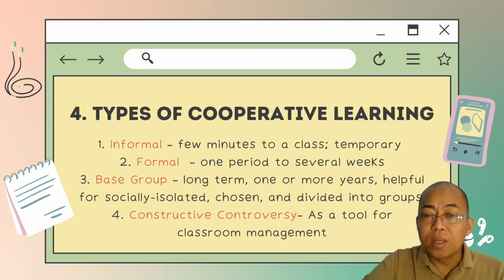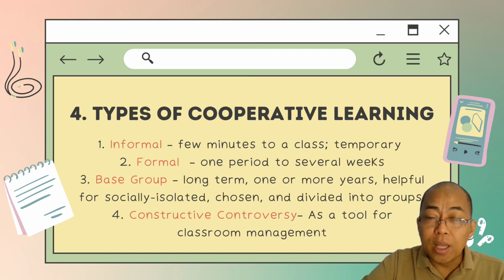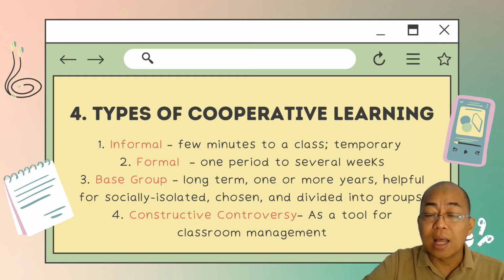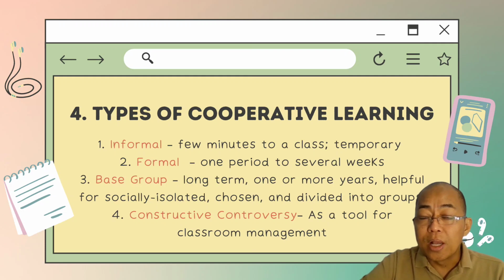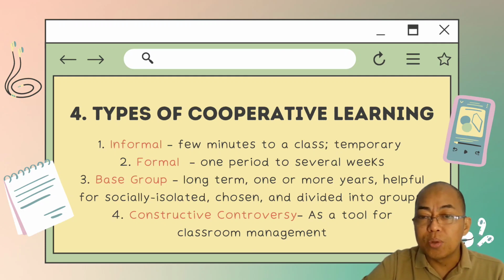In 2021, for example, we conducted an action research, an intervention to help the students, because for almost one year we did not have face-to-face class. The pandemic started and the classes were suspended, so it was really difficult, especially for the students.